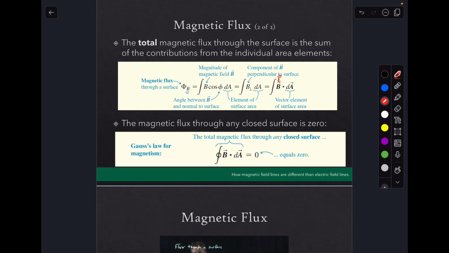The other difference is that when we apply Gauss's law to a magnetic field, the right-hand side is always 0. And that's because of the north and south pole.